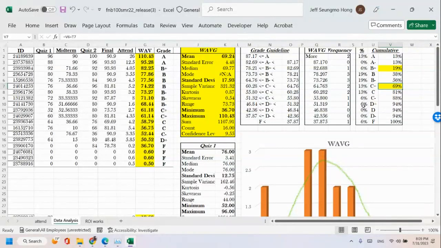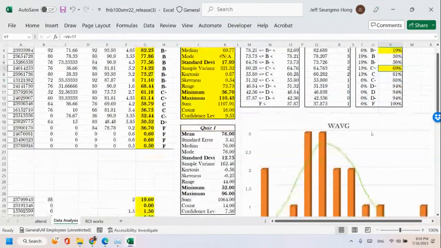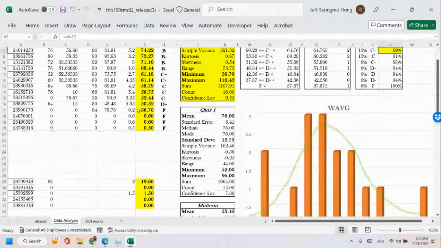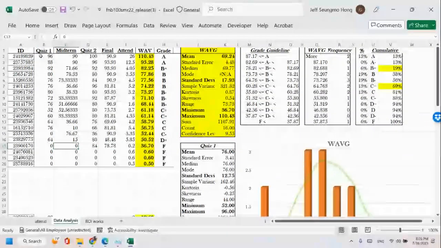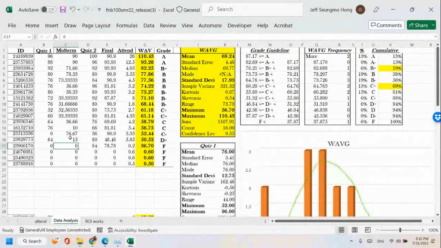Those who fell under C, a very small fraction, right? 6%, 6%. No D's, there was 6% F. And if you look at F, this person didn't do the 20, this is 20%, this is 25%, that's 45% of your grade.